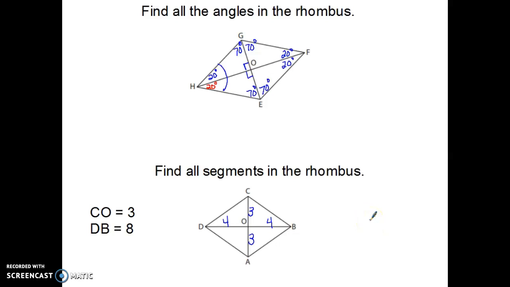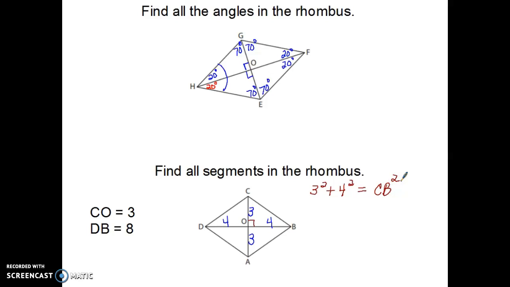I can find what the sides are around the original rhombus. I'm going to use that property that the diagonal lines are perpendicular. So I'm actually dealing with right triangles. If I were to use the Pythagorean theorem, I could find out one of the sides to the rhombus. In this example, I'll just use CB.